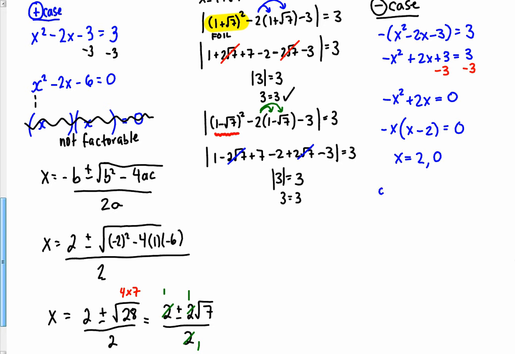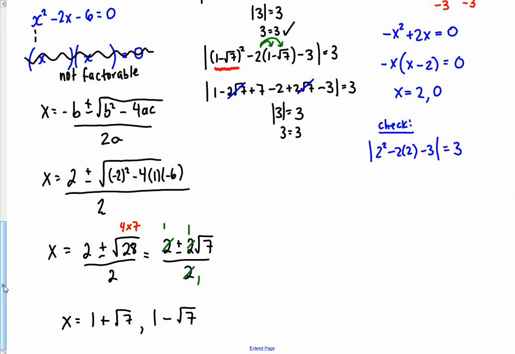That was so much easier. Okay, and then guess what? Our check is easier too. 2 squared minus 2 times 2 minus 3, absolute value, equals 3. 2 squared, 4 minus 4, 0, 0 minus 3. Absolute value of negative 3 has to equal 3.